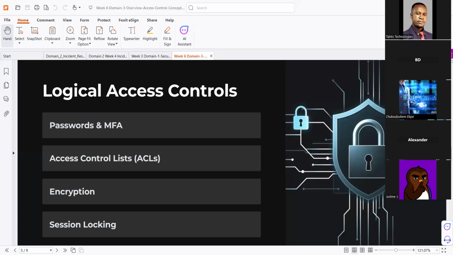Okay, for the purpose of time, an access control list is a set of rules that we use to regulate access to resources. It's usually implemented in the network using firewalls. So you can use it to deny access or grant access. That is an access control rule.